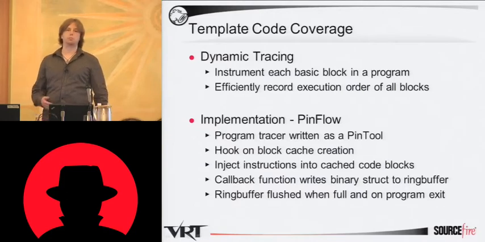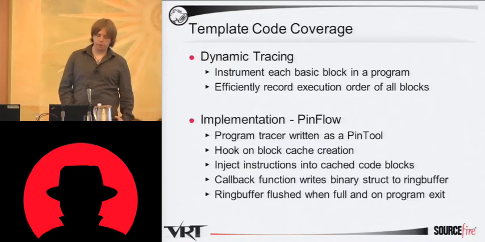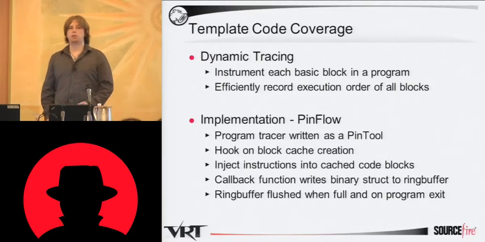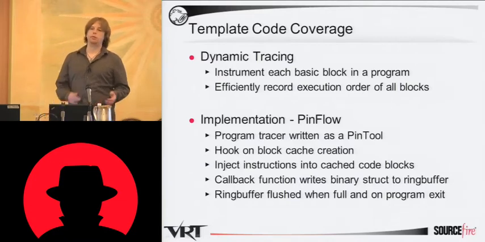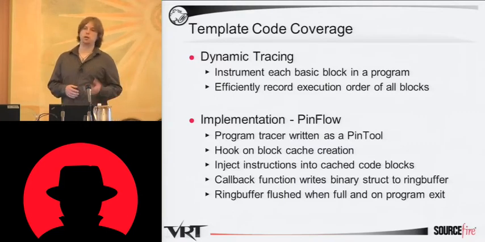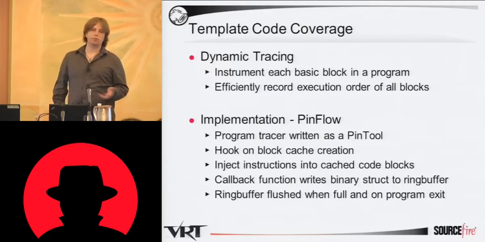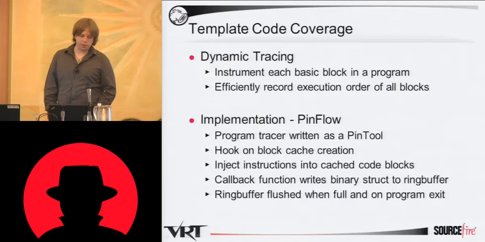The template code coverage continues on with instrumenting each basic block in the program. And like I said, the debug engine isn't the best way to go. I use Pin, the Pin tool framework. It's similar to DynamoRIO. It's a just-in-time compilation, more or less, of native executables. It's got its own loader. It caches the functions every time they're referenced, pulls them out of the cache, and allows you to install hook functions and inject callbacks after reads, writes, calls, whatever it is that you're interested in.